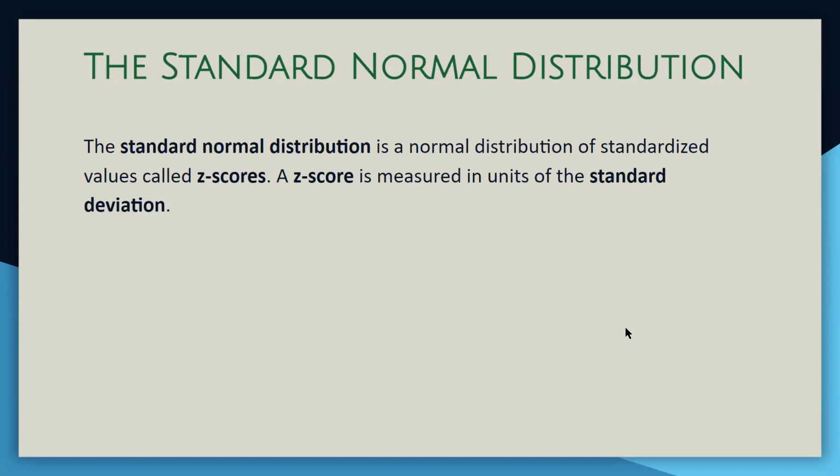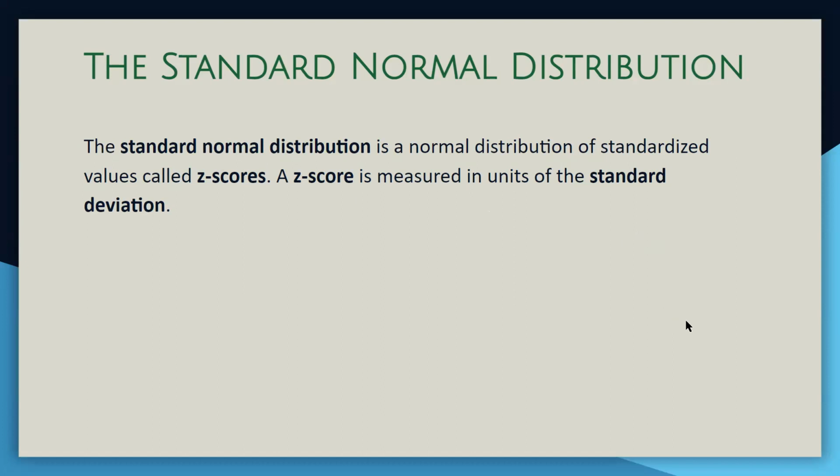I'm going to introduce the standard normal and z-scores here, but if you're using a calculator and not the table that I provided on Canvas, you don't need to worry about the standard normal distribution because your calculator can work with any normal distribution.